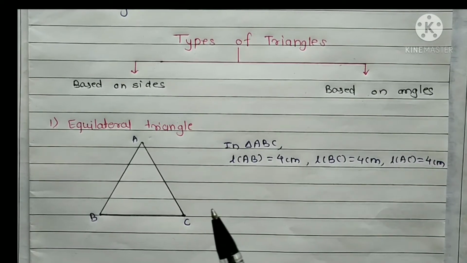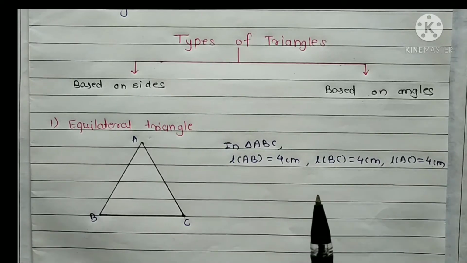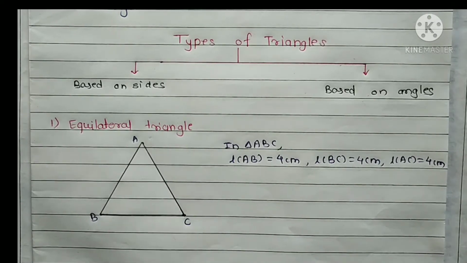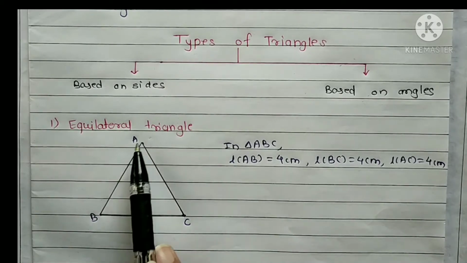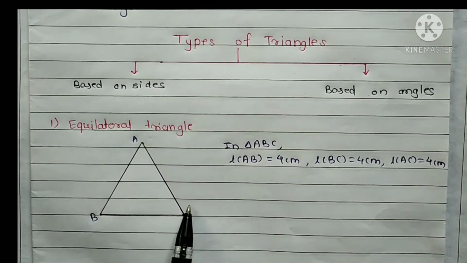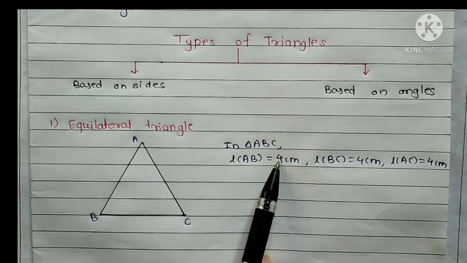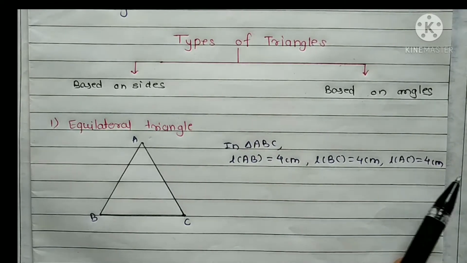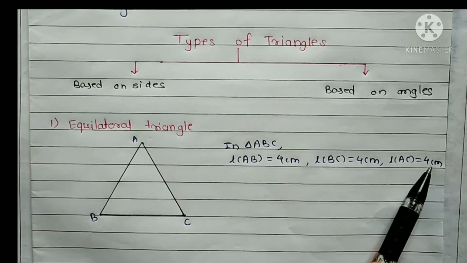First type of triangle is a triangle which has all its sides equal to each other. See the diagram. Here in triangle ABC, length of AB equal to 4 cm, length of BC equal to 4 cm and length of AC equal to 4 cm.